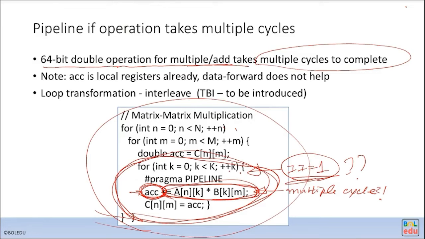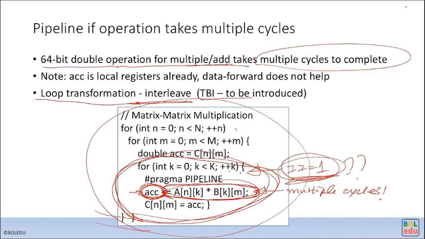In this case, we can still do II equal 1, but we need to use another technique called loop transformation, basically using the interleave technique. I will talk about that in the next lecture.